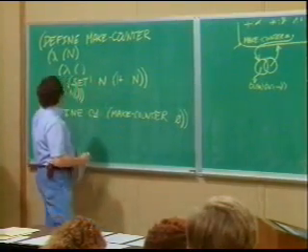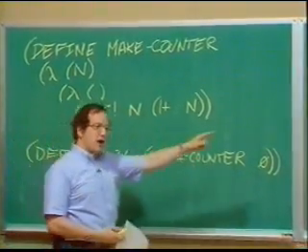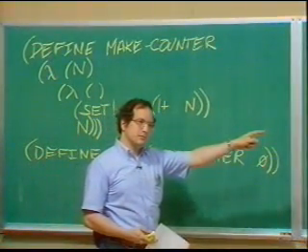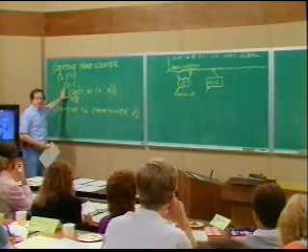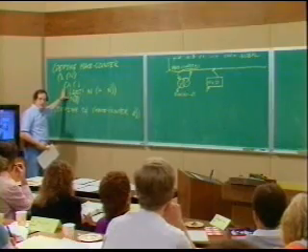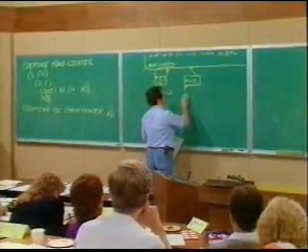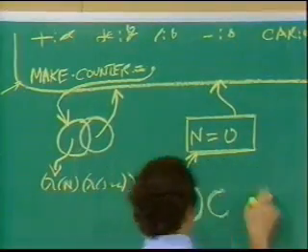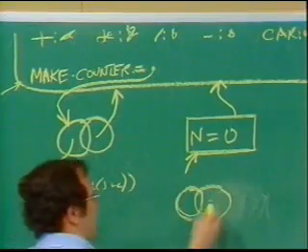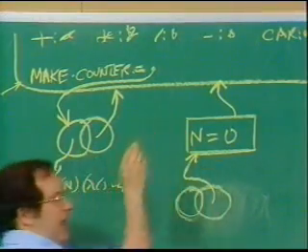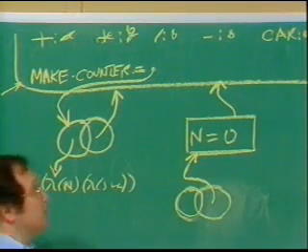Now I have to evaluate the body of make counter, which is this lambda expression, in that environment. Evaluating a lambda expression means make a procedure object. And that procedure object has the environment it was defined in, where n was defined to be 0.